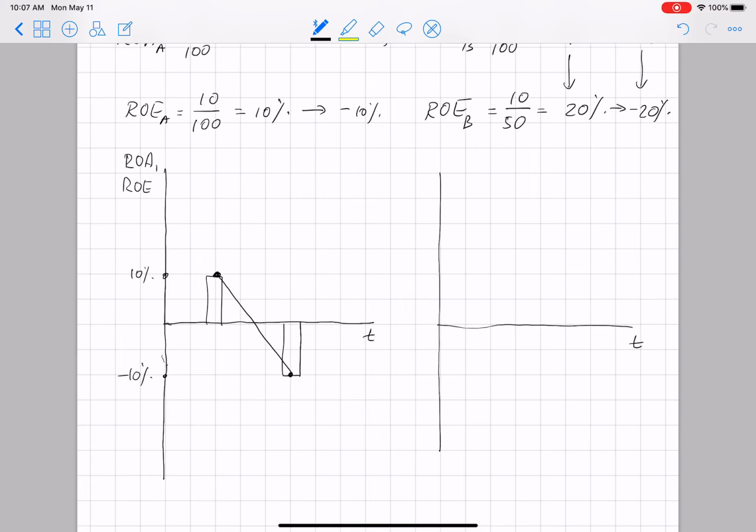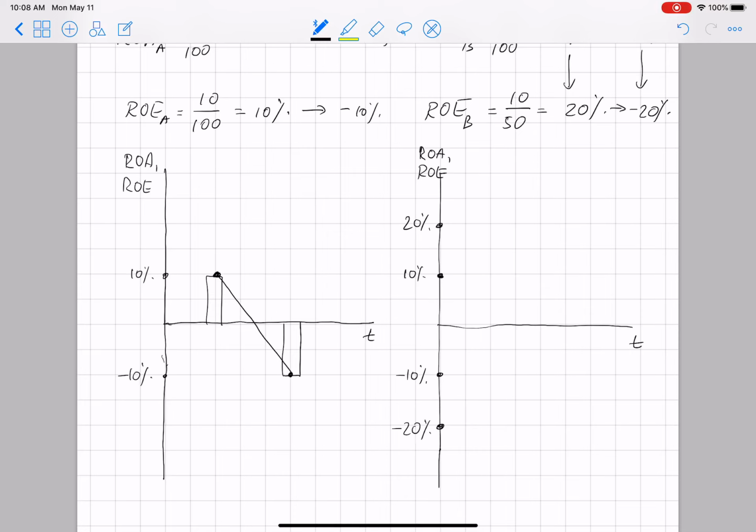So that's your time T, that's your ROA and ROE. Here's your 10% minus 10, and here's your 20 and minus 20. So 10% minus 10, 20 minus 20.